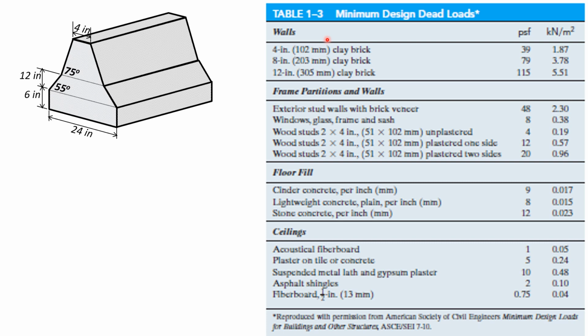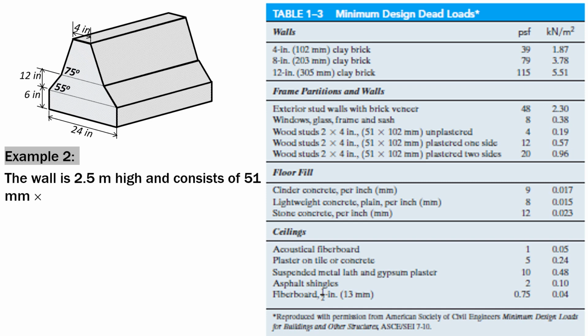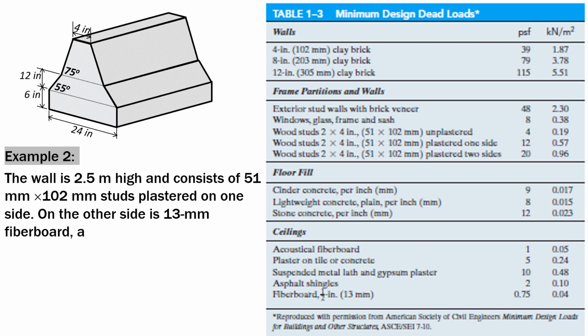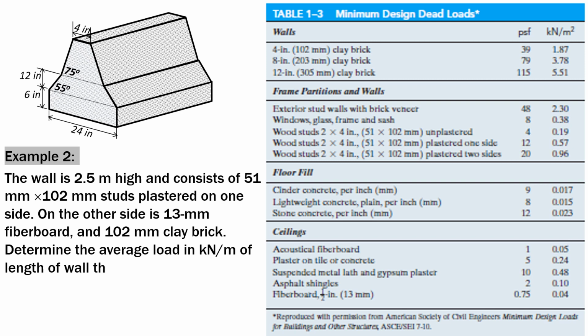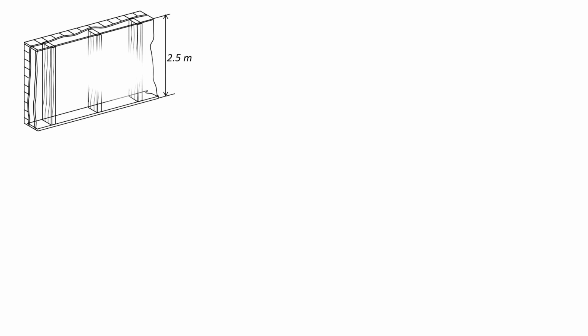So another table for minimum design dead loads. You have here the walls, frame, partition walls, floor fill, ceilings, and so on and so forth. So you can go over with this. And I also have this example too, which I presented. The solution is presented in YouTube.